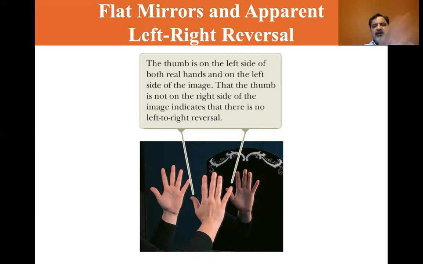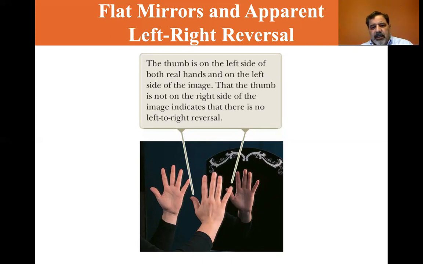If I'm looking at myself in the mirror, if I raise my right hand, it appears that the person that I'm looking at, my reflection, is raising his left hand. But if you think about it, whatever is on the right is still on the right. It's just a perception that this image that I'm seeing appears to be raising his left hand. So it's more of a perception problem than a real right-left reversal. If there were a true reversal, then it should reverse top to bottom, and it doesn't.